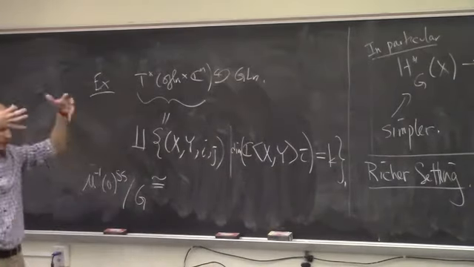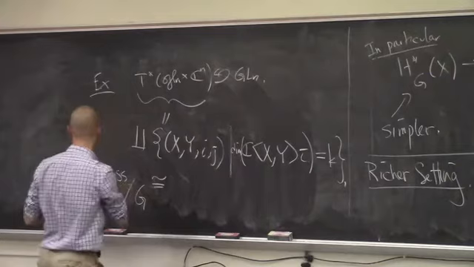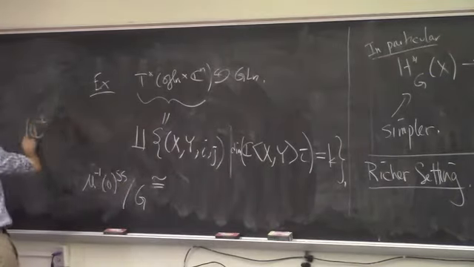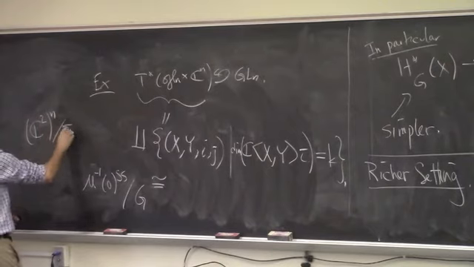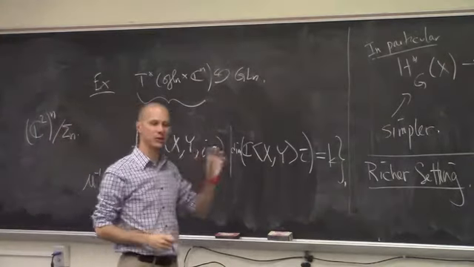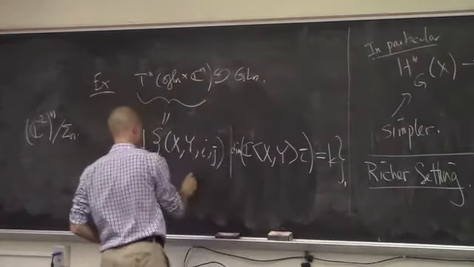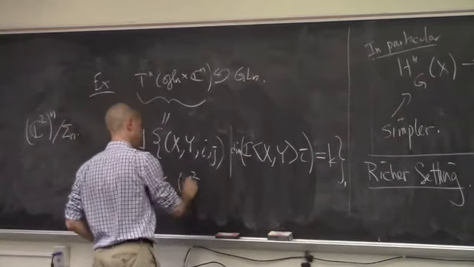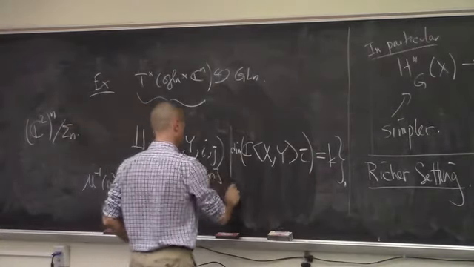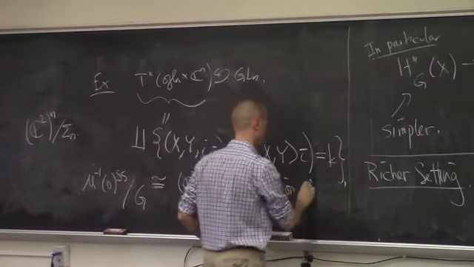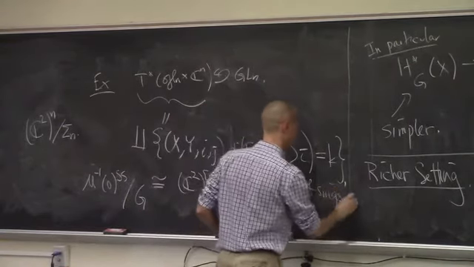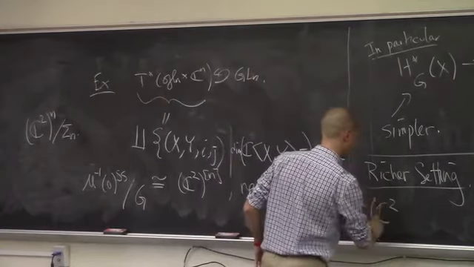So I would have C^{2n}, n pairs of eigenvalues, modulo the symmetric group. But in fact, this thing carries a little bit more information, and it turns out to be something called the Hilbert scheme of n points on C^2, a resolution of the singularities of this quotient.